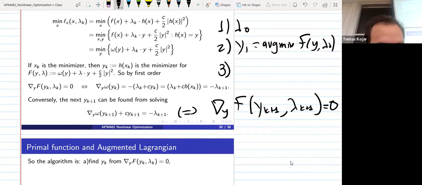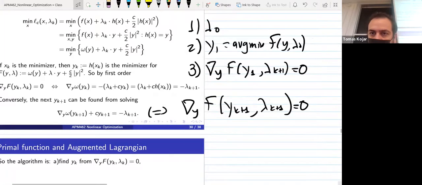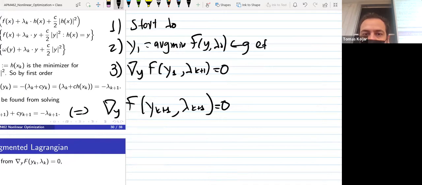And then I get lambda k plus 1 from solving the gradient of F at y1 and lambda k plus 1. So start with lambda 0, get this, and then from here get lambda 1.